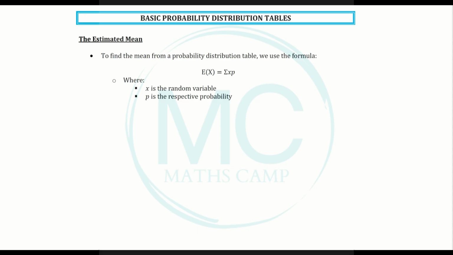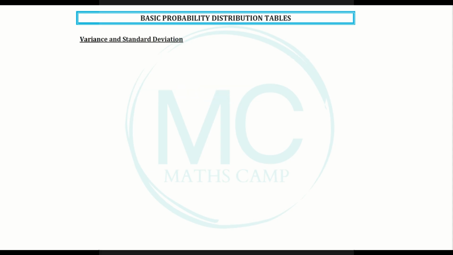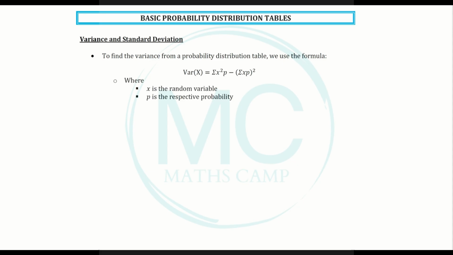Now we can look at variance and standard deviation. To find the variance from a probability distribution table, we say that variance is equal to sigma x squared p minus (sigma xp) squared, where x is the random variable and p is the respective probability.